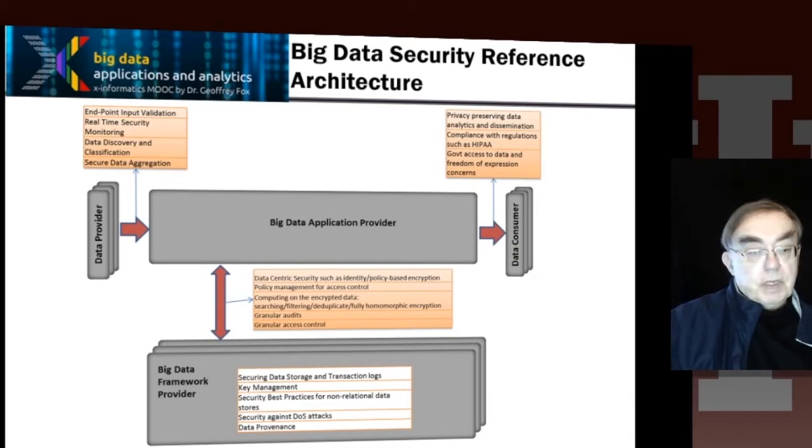And while it's running, we have to worry about denial of service, DOS, attacks. And all of this has to have provenance attached to it. So that's how the reference architecture is mapped into some of the key security areas.